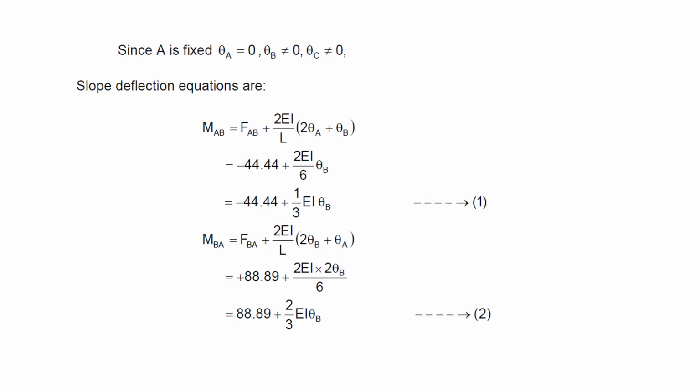Now equation 2, MBA equals FBA plus 2EI by L, 2 theta B plus theta A. Now theta B is the near end and A is the far end. You can remove theta A, and substitute the remaining terms. So 88.89 plus 2 by 3 EI theta B.